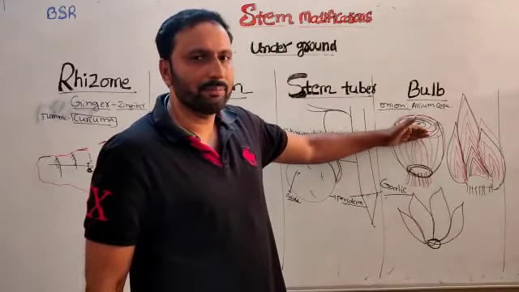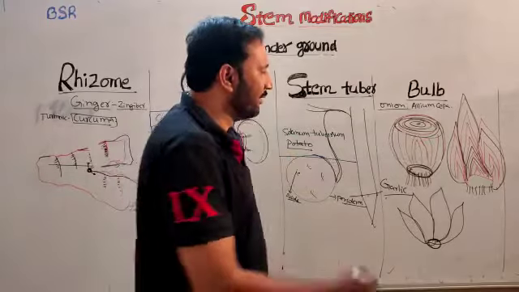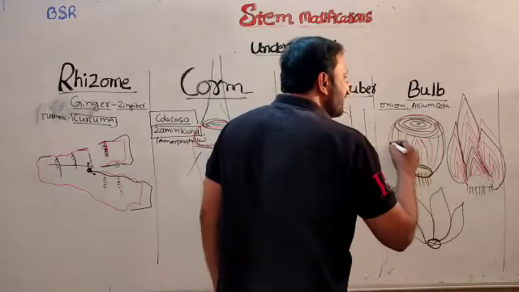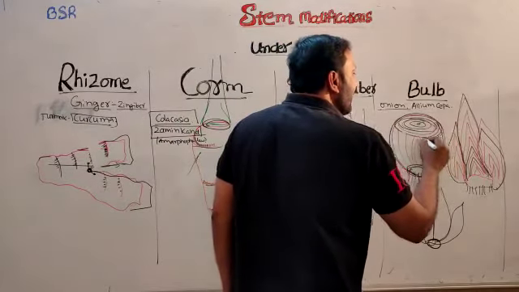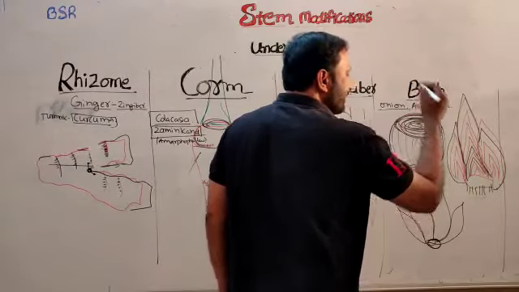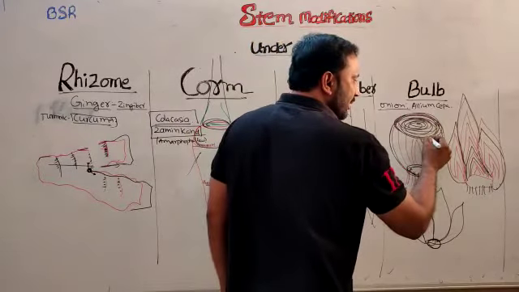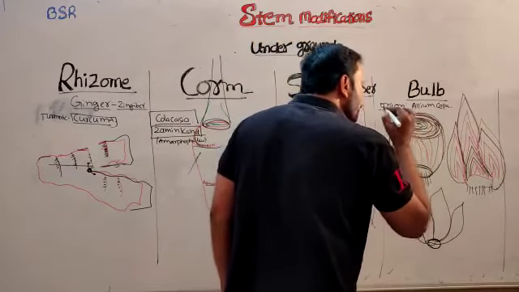Above the disc-like stem, you observe the leaf bases arranged compactly, like circles. Especially the leaf bases store food materials.